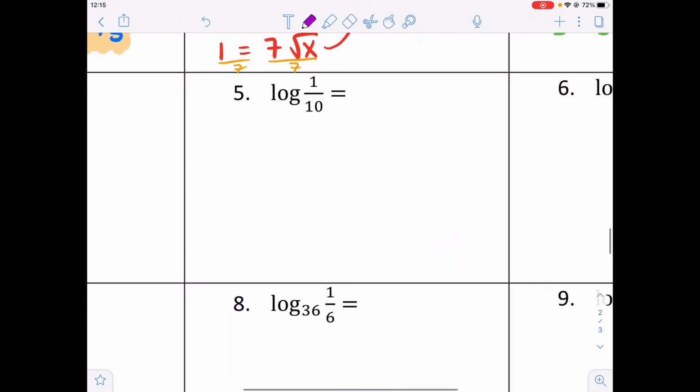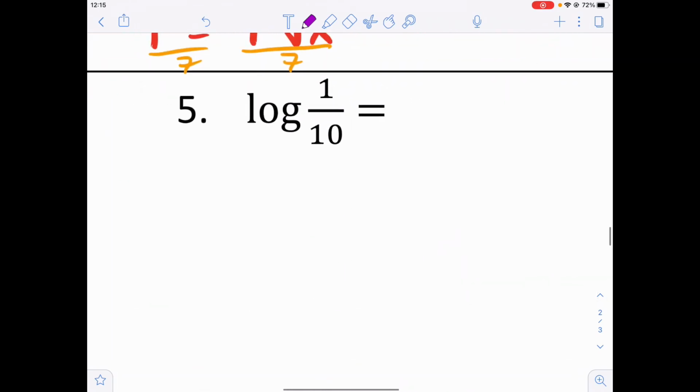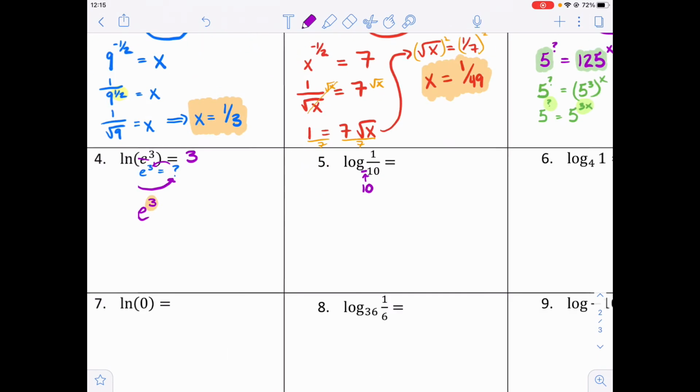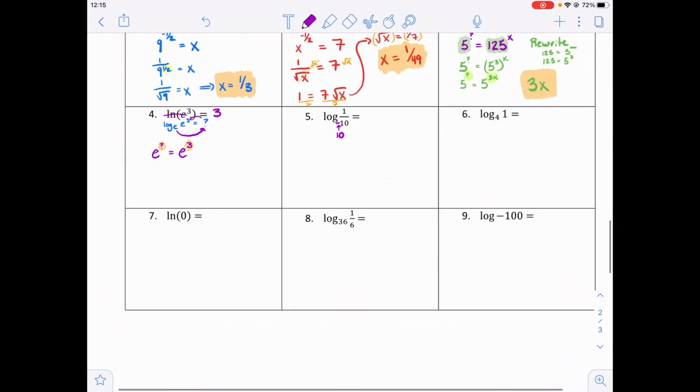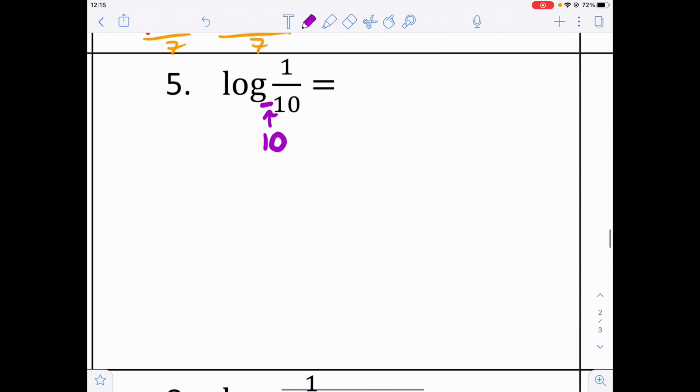Now let's look at our next one. Here we've got log of 1/10. There's no base here. So what does that mean it is? It means it's 10, right? That's what we said earlier. No base, automatic 10. So this is base 10. And so if we got log base 10 of 1/10 equals something.